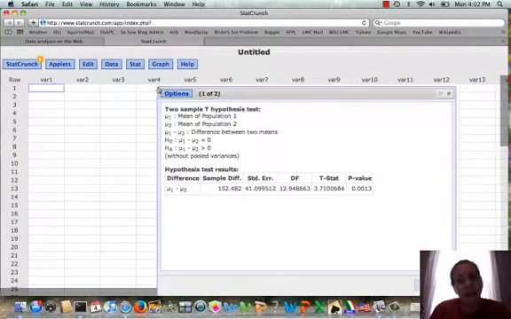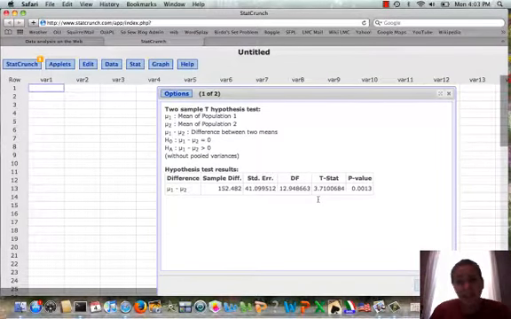And in StatCrunch, we get a lot of other statistical information. Over here at the end of the table is the t-stat and p-value that we're after for analysis. The other information is telling us the sample difference, the standard error for the sample difference, and then an idea called degrees of freedom that we'll see a little bit in Unit 11.